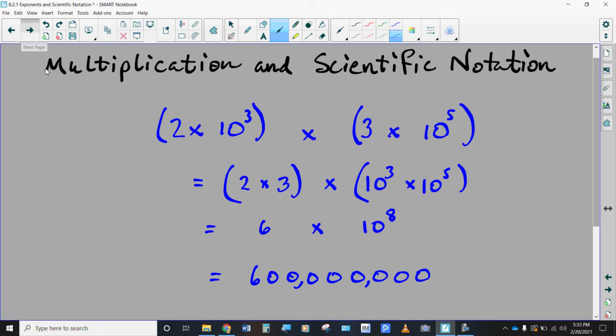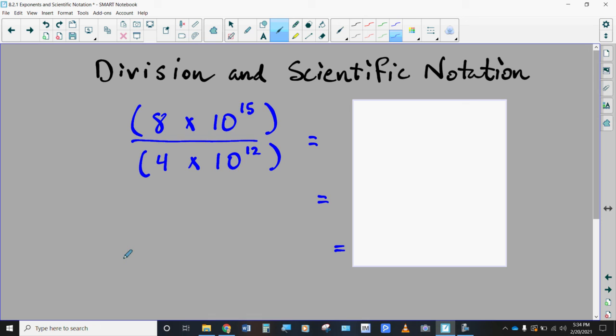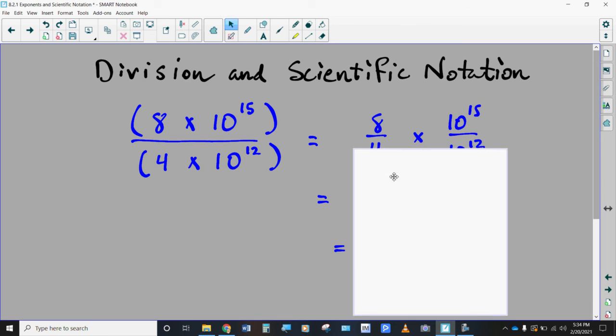Okay? The same can be said for division, although we have not quite yet talked about what it means to divide powers. Okay? So if you take 8 times 10 to the 15th and you divide it by 4 times 10 to the 12th, we are going to learn that you can rewrite that as 8 divided by 4 times 10 to the 15th divided by 10 to the 12th.